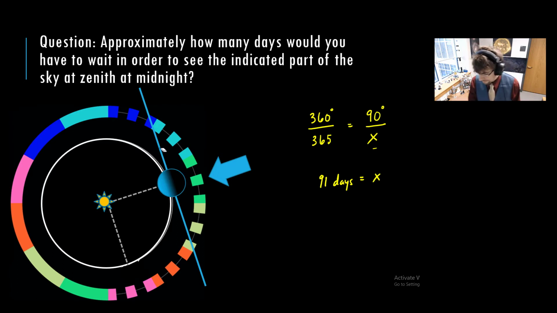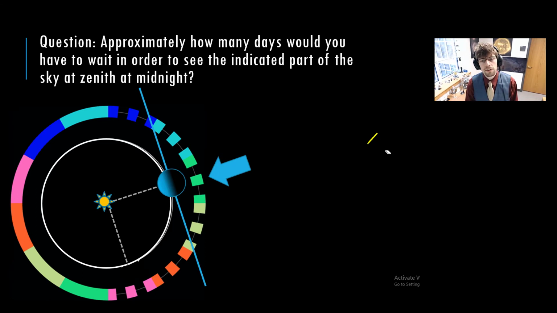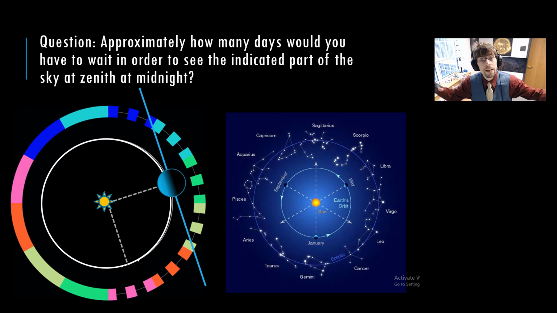Okay, good. Now, of course, we don't paint the night sky with these colors. It's not like it's dash cyan or dash blue or whatever. No. Generally, we can think of the sky as being divided up by constellations.